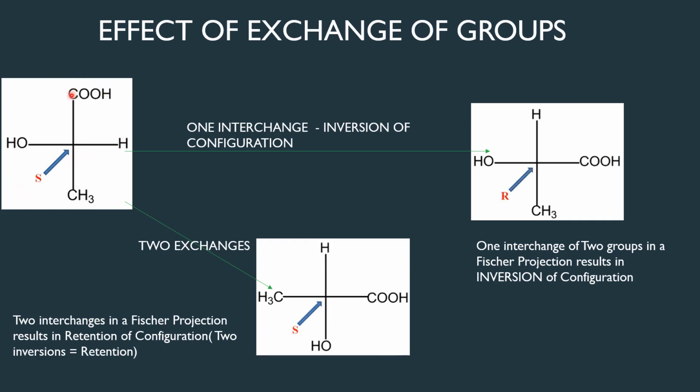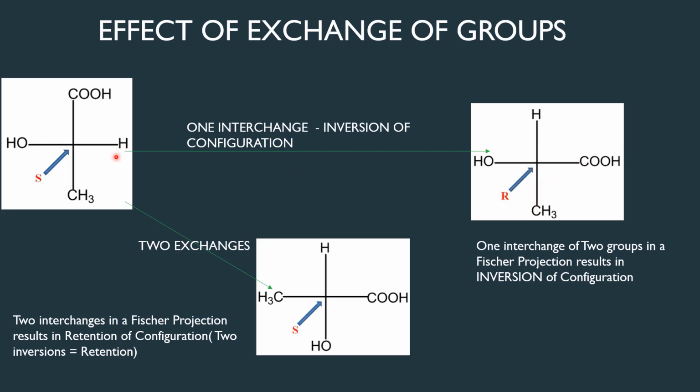In a Fischer projection formula, as we have done with the flying wedge formula, when you do one interchange of groups, it results in the inversion of configuration. Here, the hydrogen and carboxyl group are interchanged. So this one interchange results in the inversion of configuration.